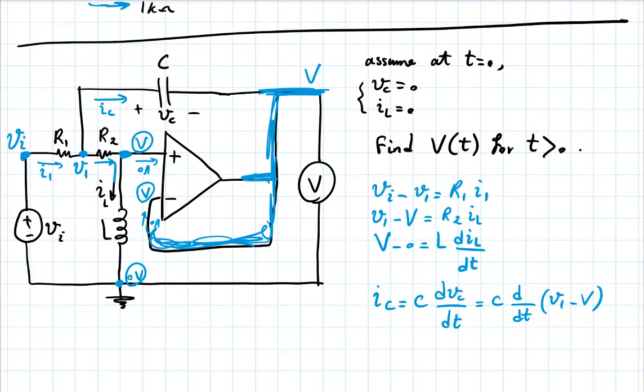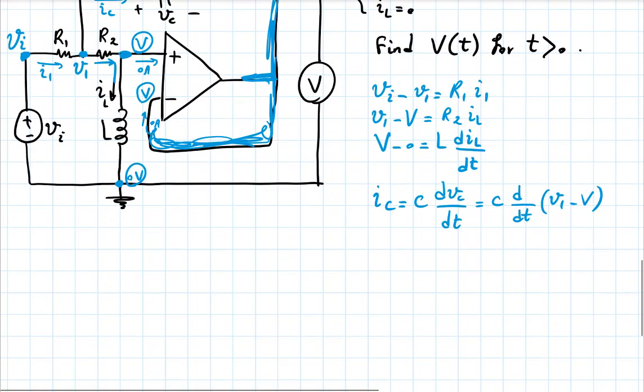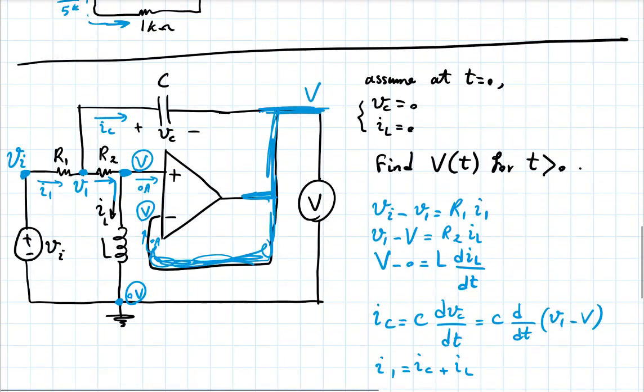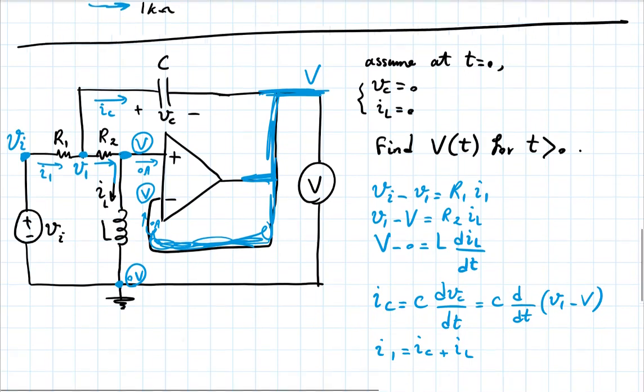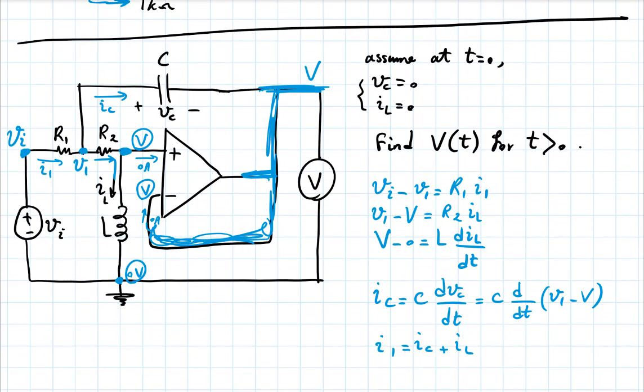Is there anything I haven't taken into account? The KCL here I haven't written yet. So that would be I1 equals IC plus IL. Anything else that I've left out? I hope not. Let's see. I have taken care of all the node voltages. I have implemented the KCL here and here.